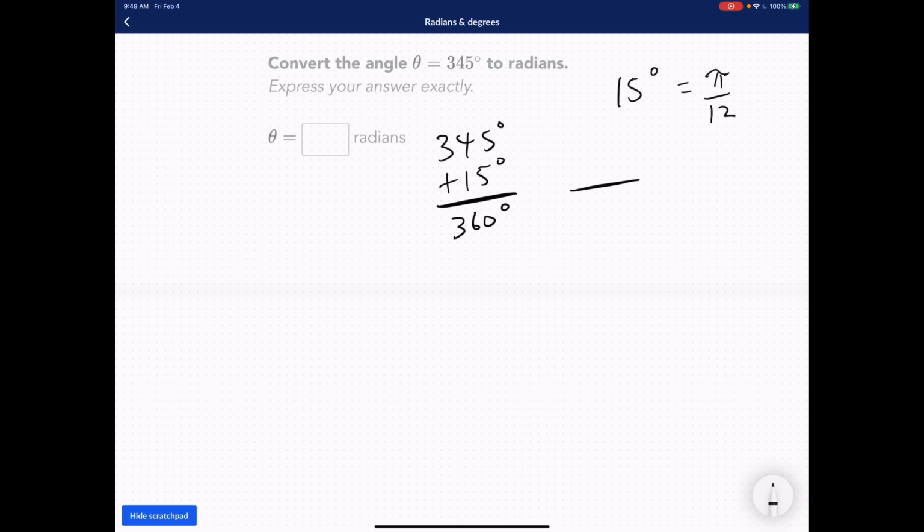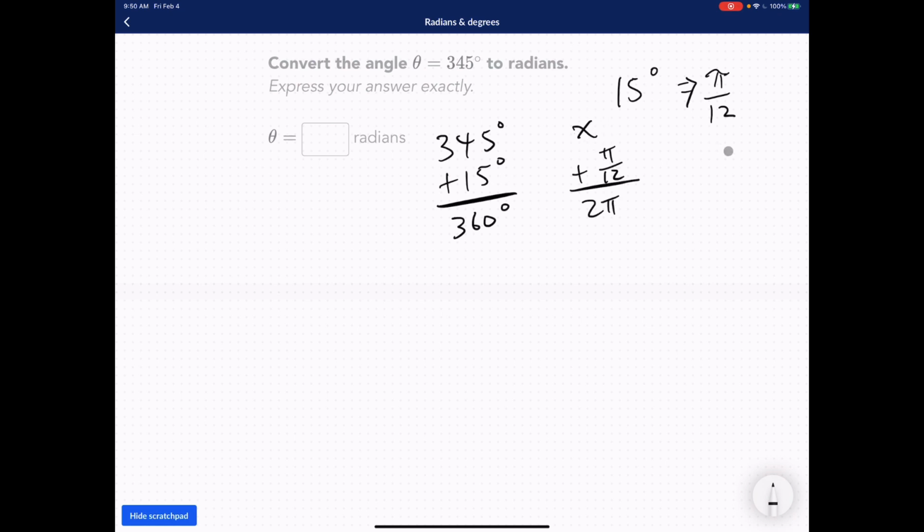So how do I go from 2 pi, which represents 360, plus pi over 12? Remember, pi over 12 represents 15 degrees. Then what is x? We just have to go backwards, because we know that 15 degrees is pi over 12, like we just did in the previous video.